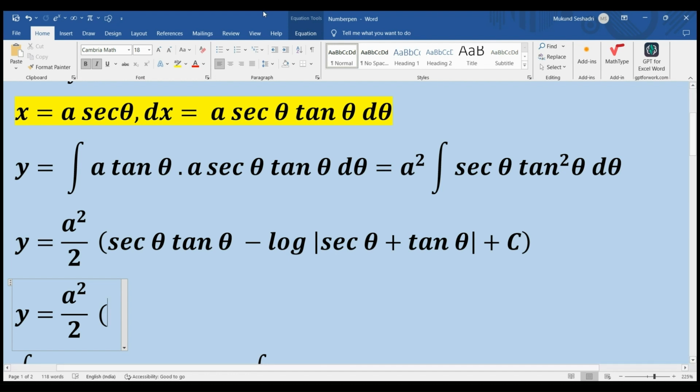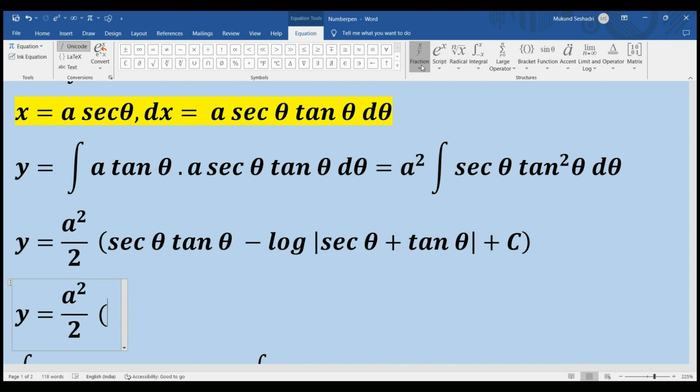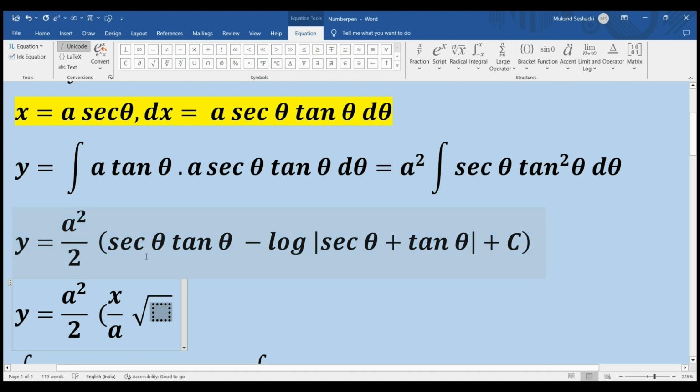My secant theta is nothing but x by a. And what happens to my tan theta? My tan theta is the square root of secant square theta minus 1. So I have the square root of x by a the whole square minus 1.